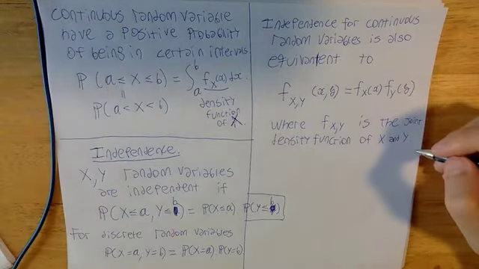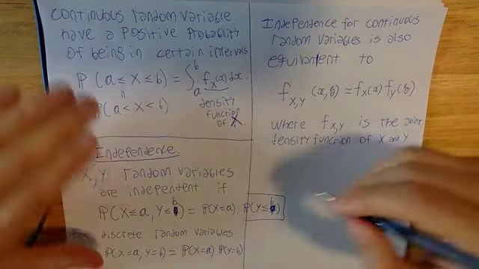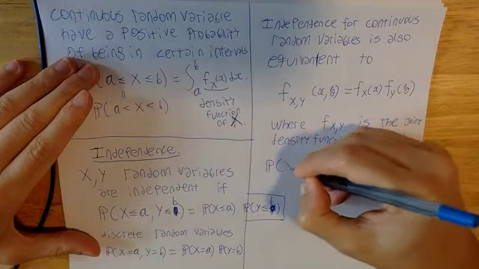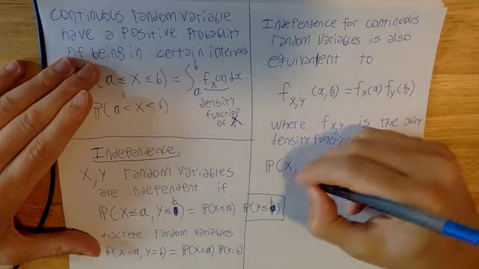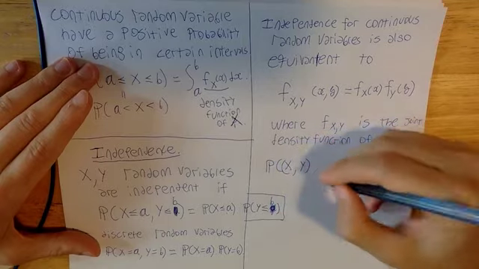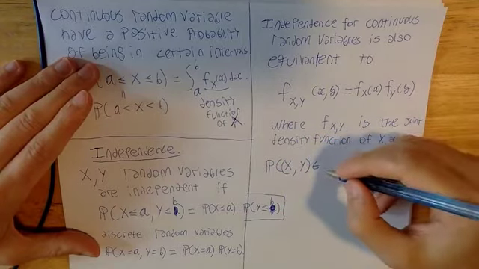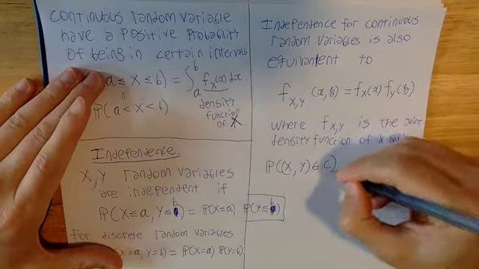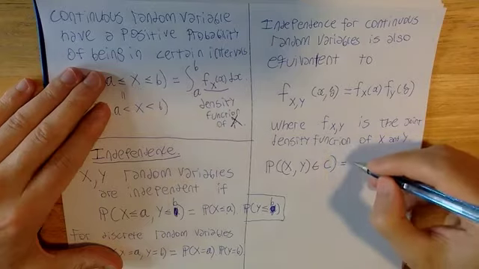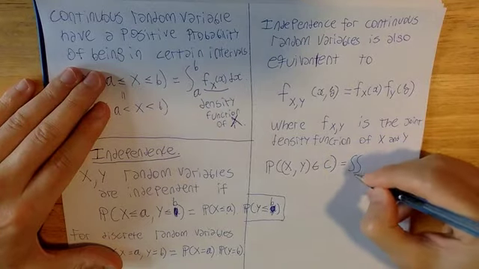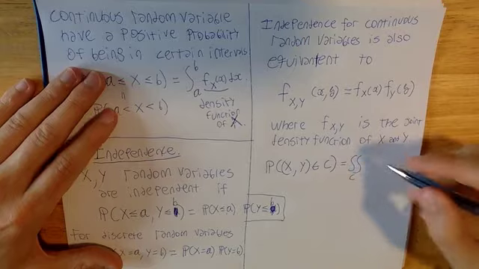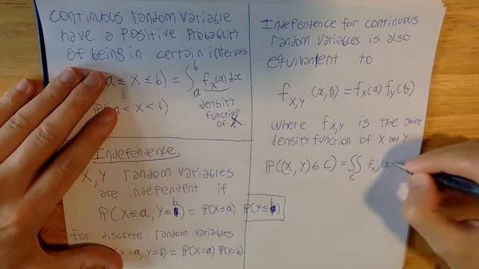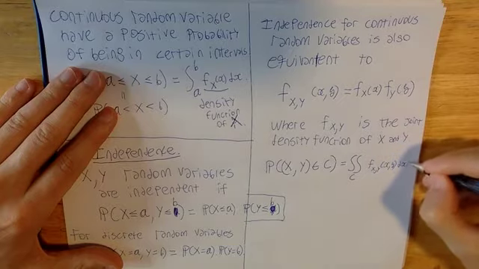So in particular, what does this mean? This means that the probability that the vector (X, Y) is in a set C is equal to the double integral over C of f(x,y) dx dy.